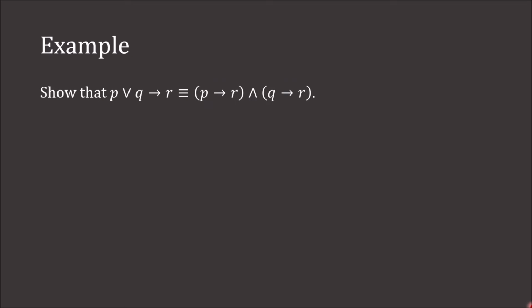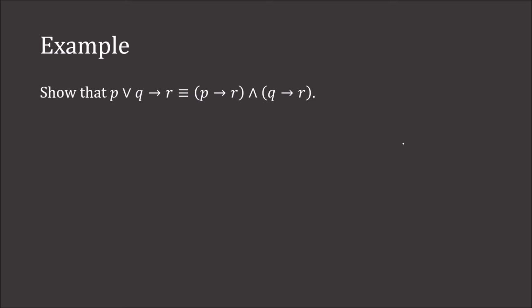Let's now work with creating a truth table with conditional statements to show that P or Q implies R is logically equivalent to P implies R and Q implies R. So remember from the last lecture that the number of rows we need in the truth table is 2 to the number of statement variables.